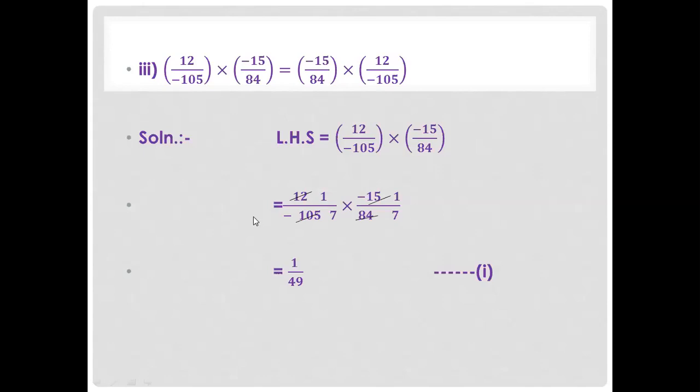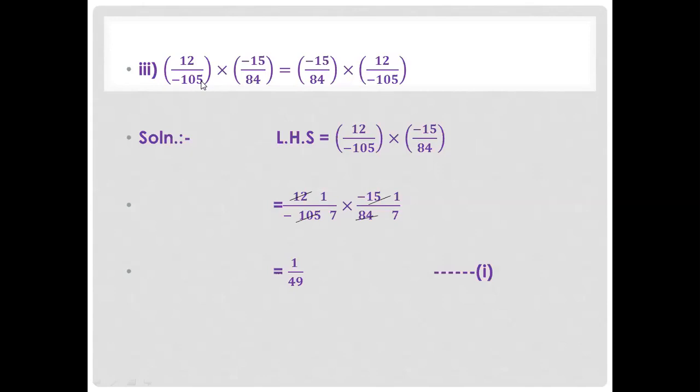And here is the third part. In the third part, if you check again, you have two rational numbers in the left hand side and the same rational numbers in the right hand side, but only the order is changed.